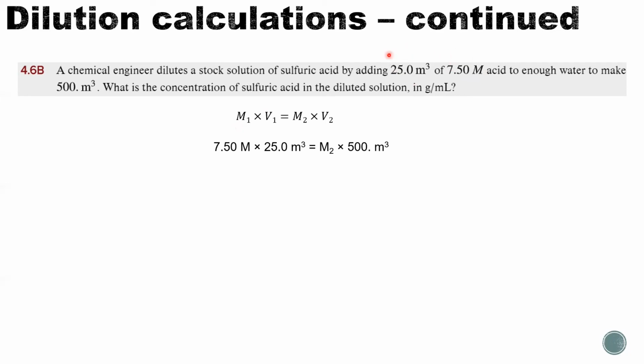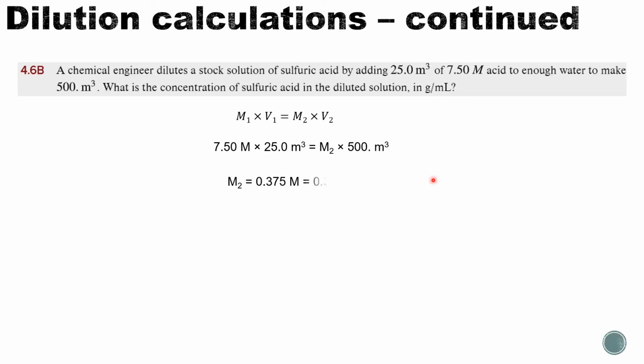The corresponding volume is 25 cubic meter. The M2 is the one we want to get, the concentration of the diluted solution. And V2 is the volume after dilution, in this case, 500 cubic meters. I directly apply the two volumes here because they have the same unit and these units can cancel out.